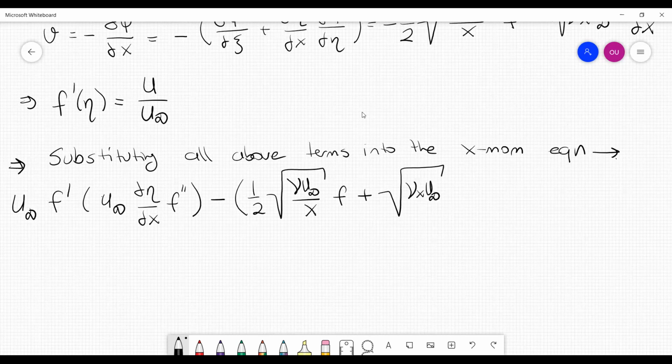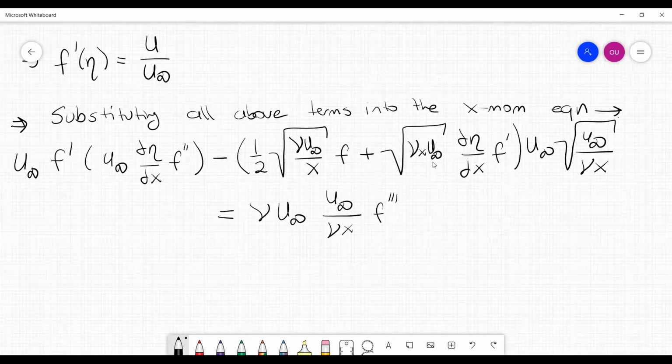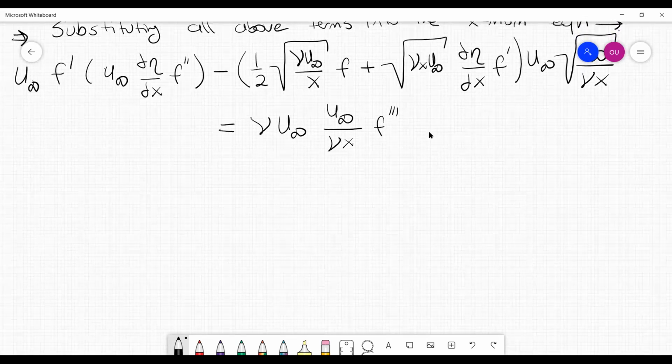This is not a subscript, this is multiplication by the x coordinate. D eta dx times f prime times u infinity times u infinity over nu x. We will simplify this equation in a second. And this must be equal to nu times u infinity times u infinity over nu x f triple prime, so the third order derivative of f function with respect to eta.